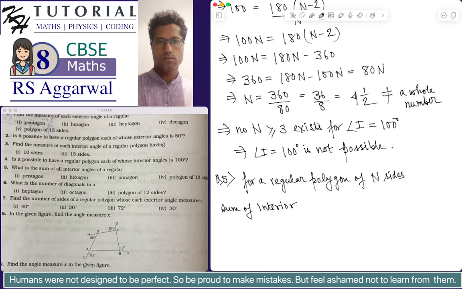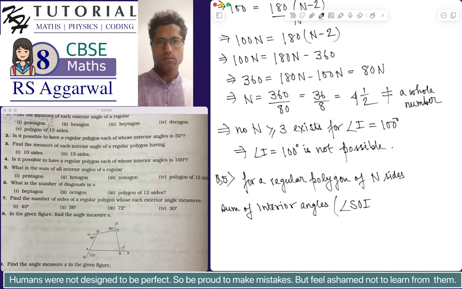So the sum of all interior angles will be, let's say I am denoting it with the symbol SOI, that is sum of interior angles.